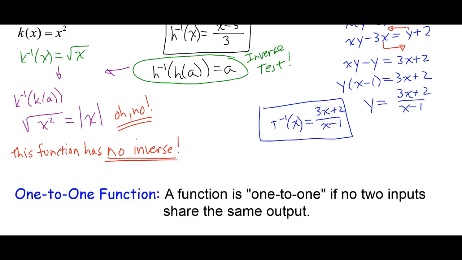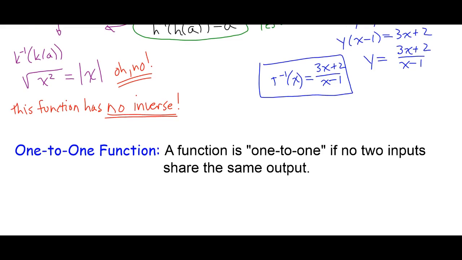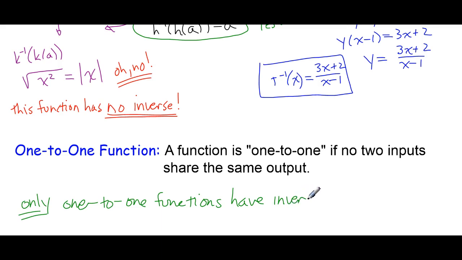A function is one-to-one if no two inputs share the same output. And what that means is only one-to-one functions have inverses. If something is not one-to-one, it does not have an inverse.